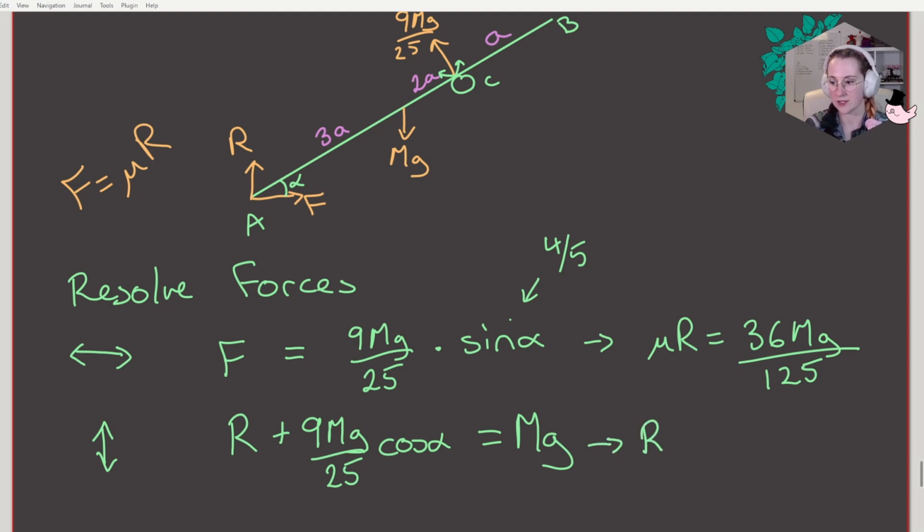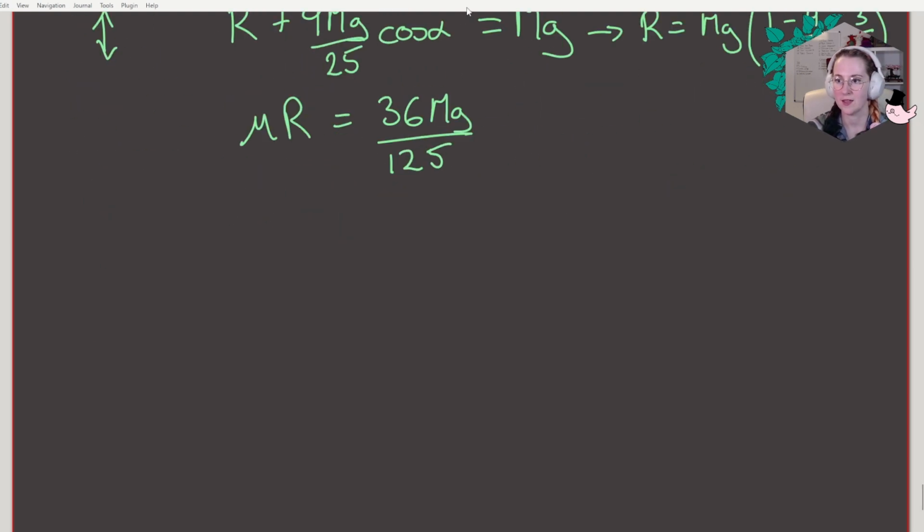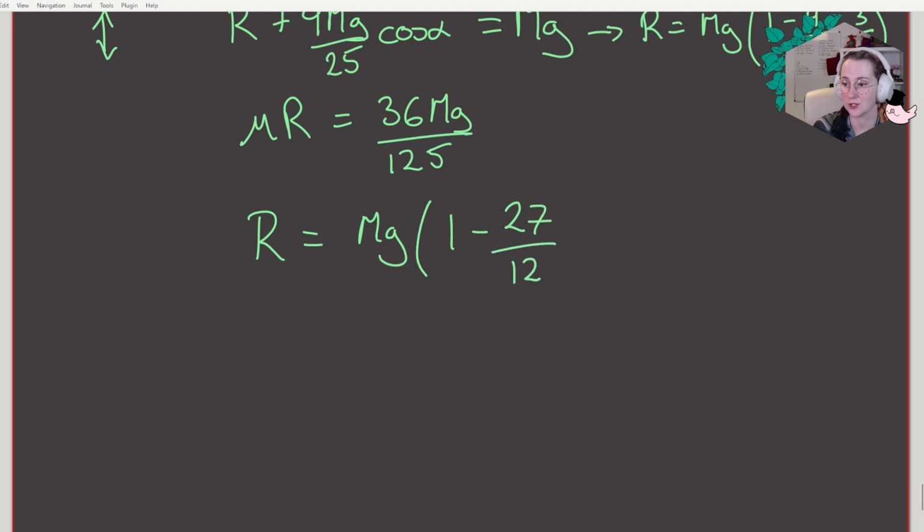This equation then I can write as R is mg times 1 minus 9 over 25 times cos of alpha, which is 3 over 5, which gets me, I believe the two equations are mu R is 36 mg over 125, and R equals mg times 1 minus 27 over 125.